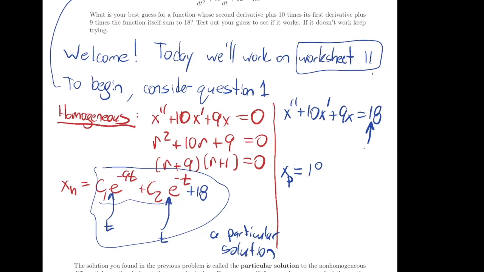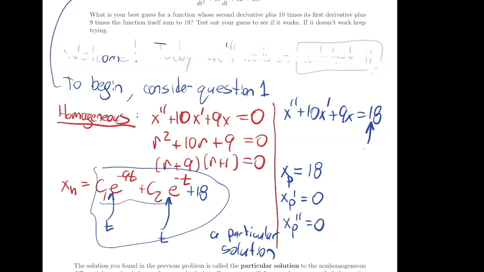Maybe something like this could be a possibility. If I take the derivative of this, it's constant, so we would get 0, and we would get 0. And so plugging these values into the differential equation, would x equals 18 be a particular solution?